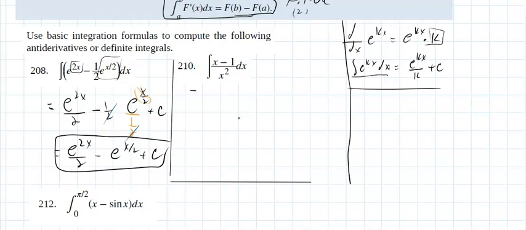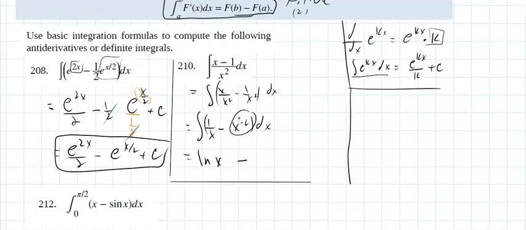Also, if I work this out, this is the integral of x over x squared minus 1 over x squared dx. That is the integral of 1 over x minus x to the negative 2 dx. And what do you take a derivative of to get 1 over x? Natural log of x. I need to modify that a bit in a minute.